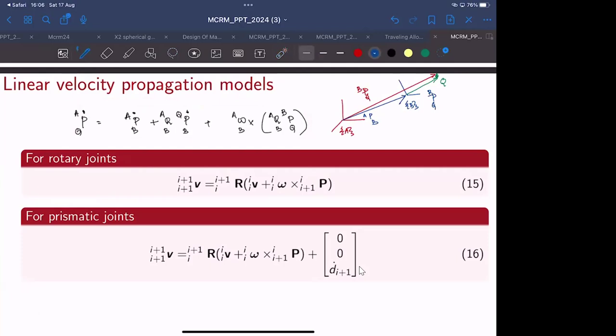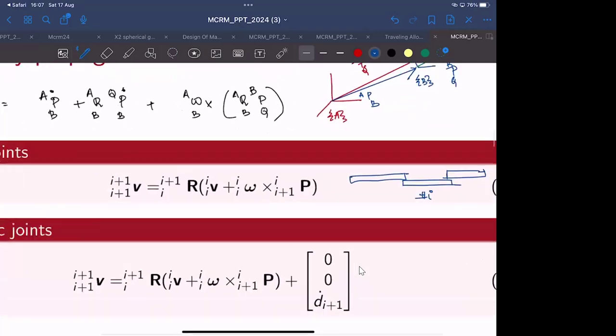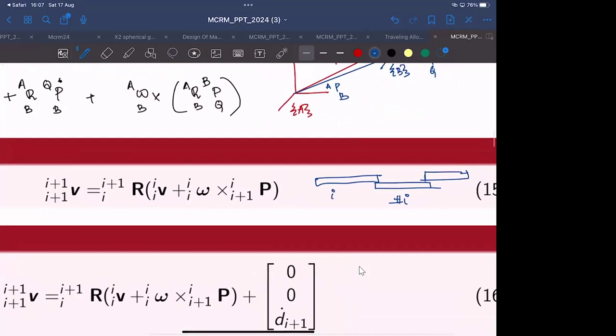So how do we map this to a case when we have joints like this? Similar to the earlier case, this is link I. We have link I minus 1 and link I plus 1.